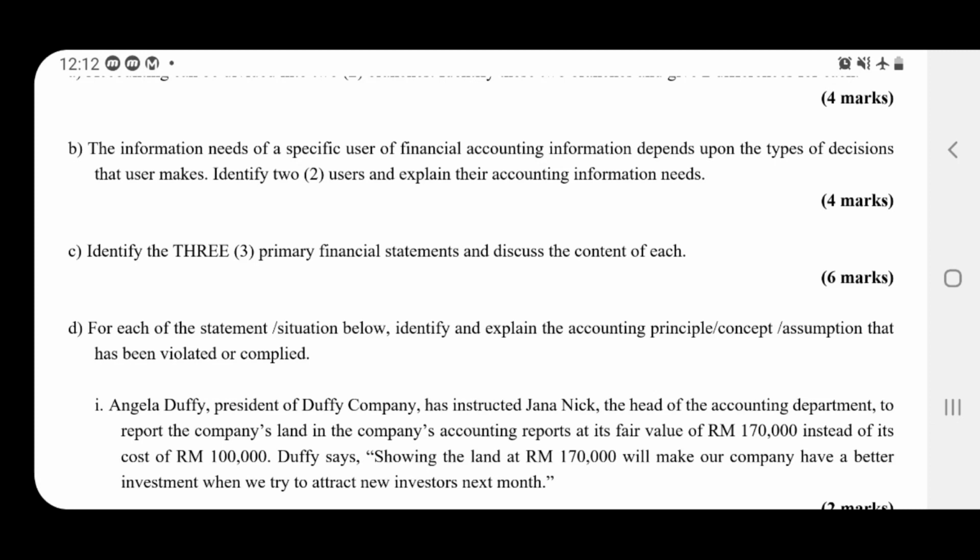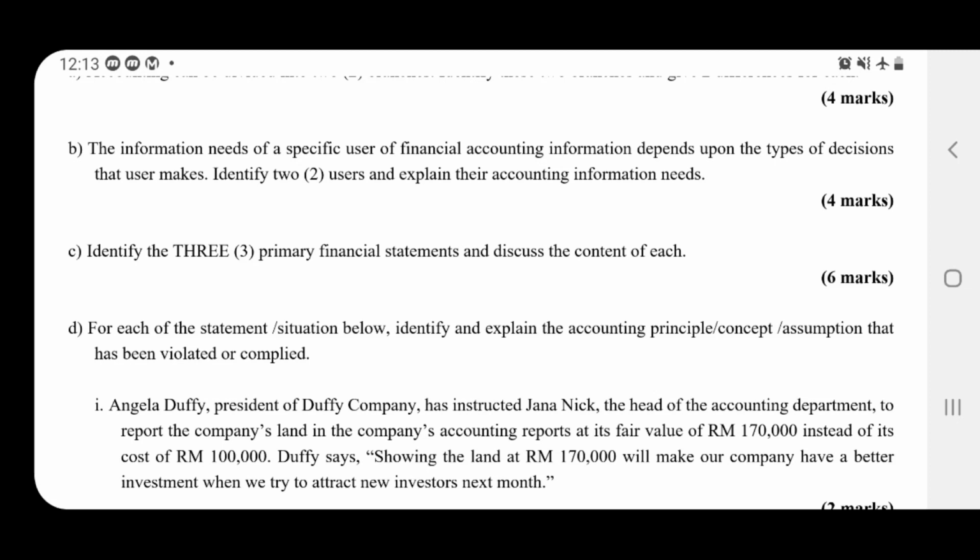Investor is a user of financial accounting information or financial statement. The question asks for two users, so the way to answer is: the first user is investor, and explain their accounting information needs.